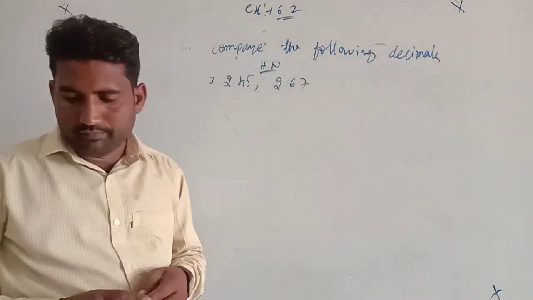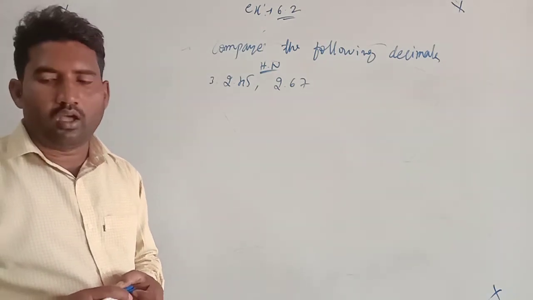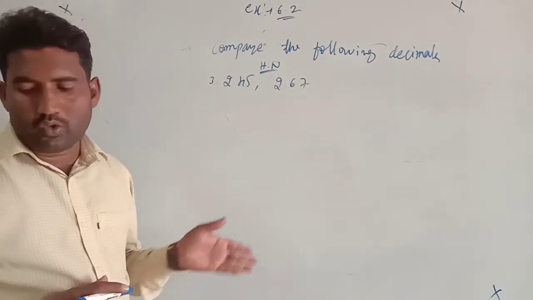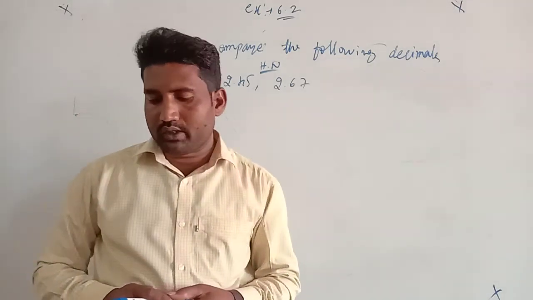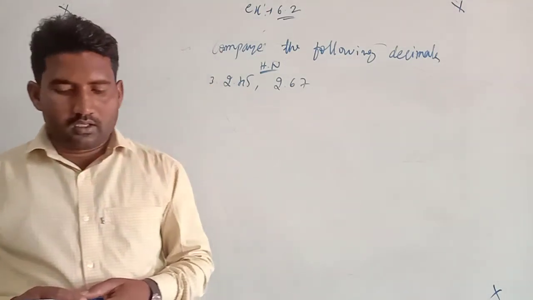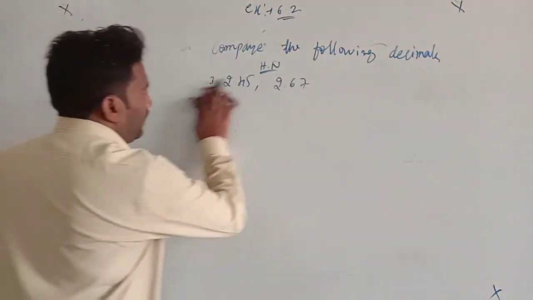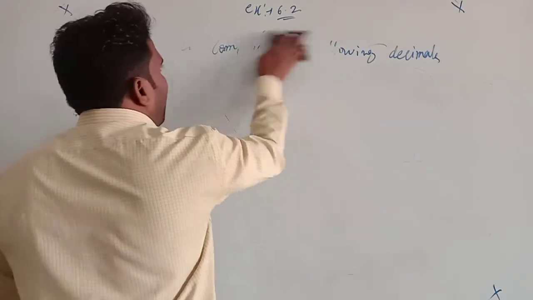So next, arrange the following decimals in ascending order. Ascending means smaller to greater numbers. We should write down the smallest number first, then the next greater. Third, fourth, like that. We should go from smallest to greatest.